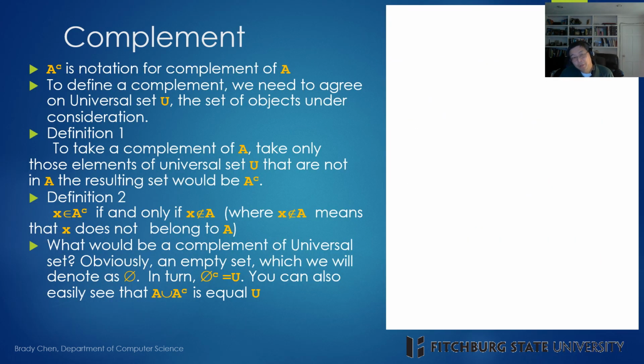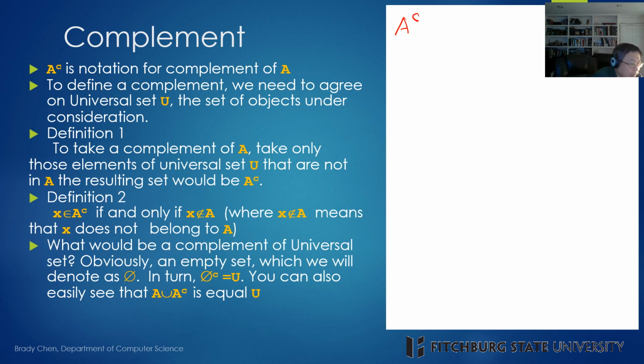Now complement is another operation. So we use the notation A to the C to represent the complement of A. Now also we can define the complement in two different ways.